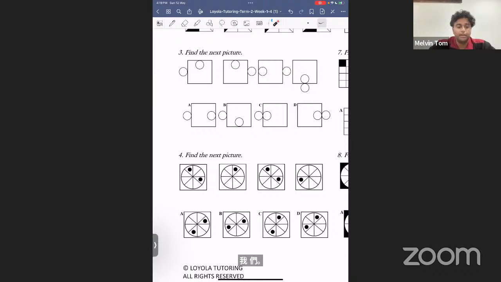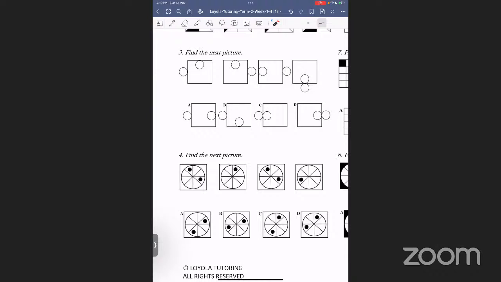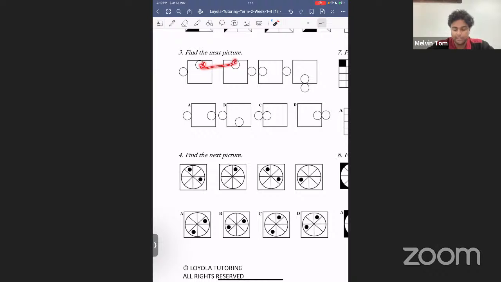So maybe the circle on the inside is the same circle. This circle is the same as this, same as this, same as this, right? You can make that guess. And similarly, the one on the outside is always the same. You can make that guess as well.